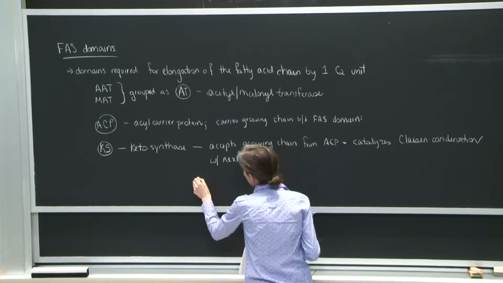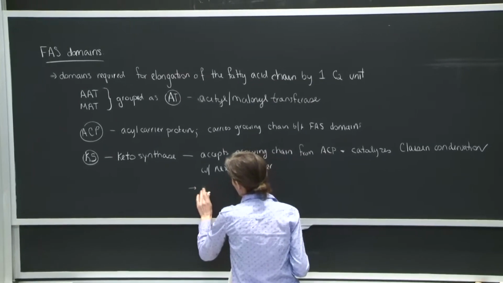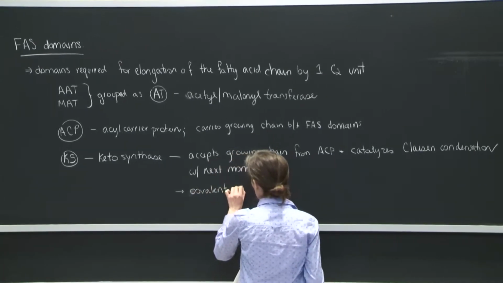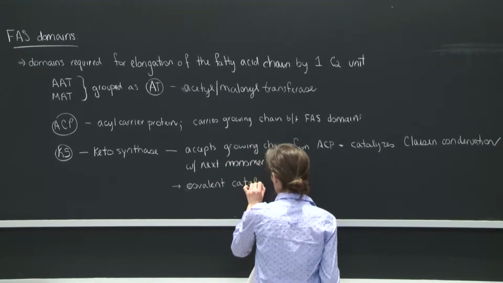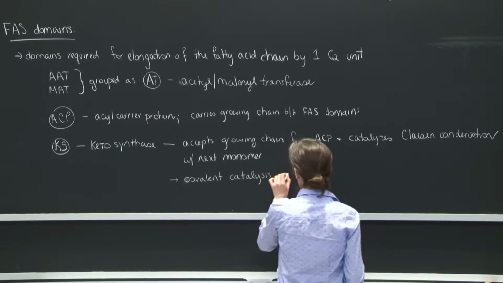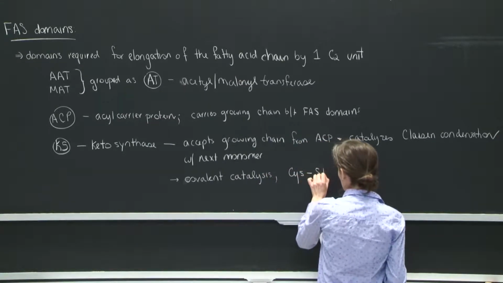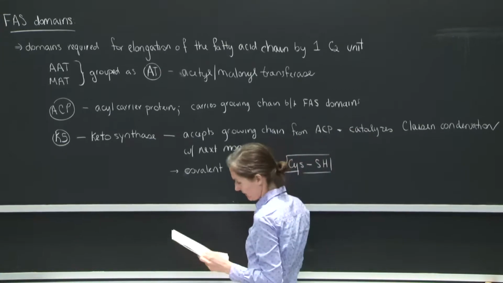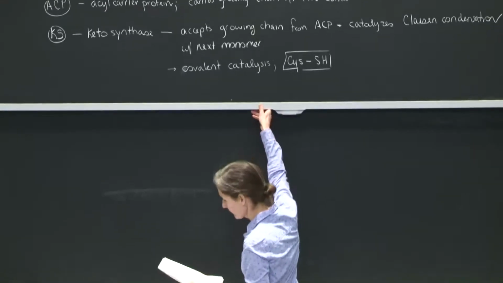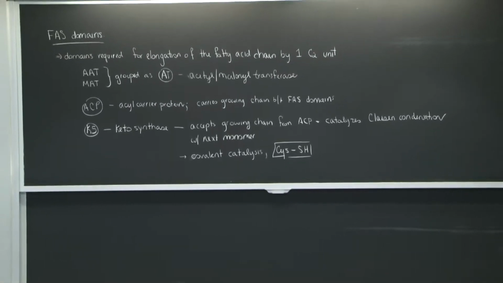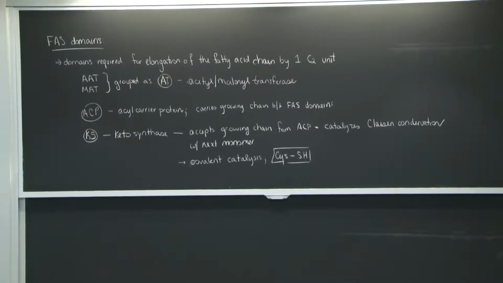And what we'll see is that this keto synthase uses covalent catalysis via a cysteine thiolate residue. So these are the key domains required for elongation of the chain.